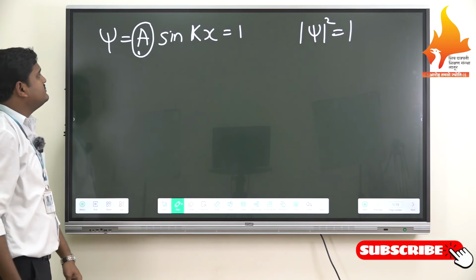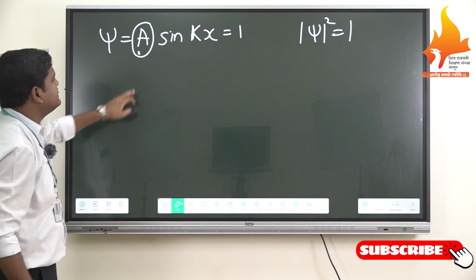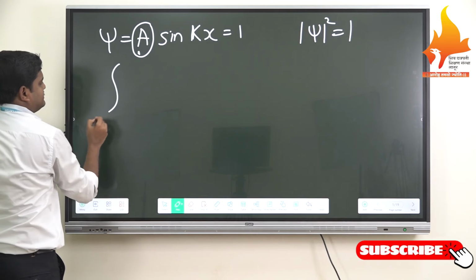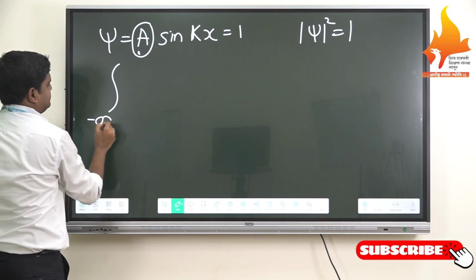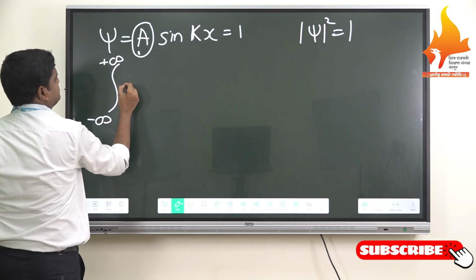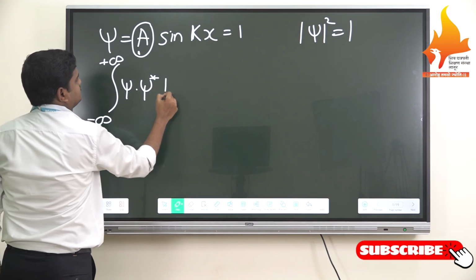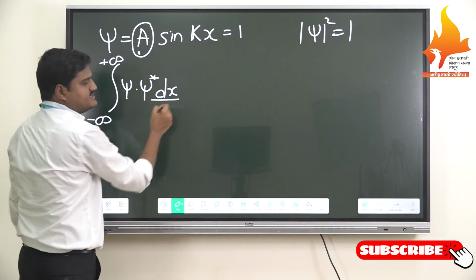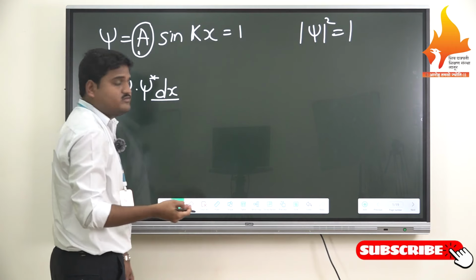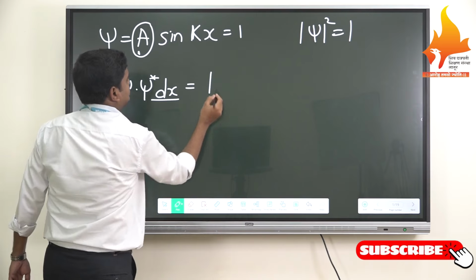For that we need the formula. The normalization formula is the integral from minus infinity to plus infinity of psi into psi star into dx, that is the region inside which the particle can be found, equal to 1.